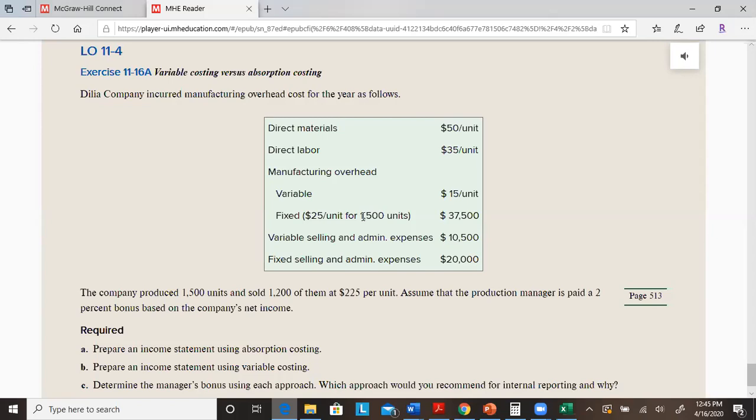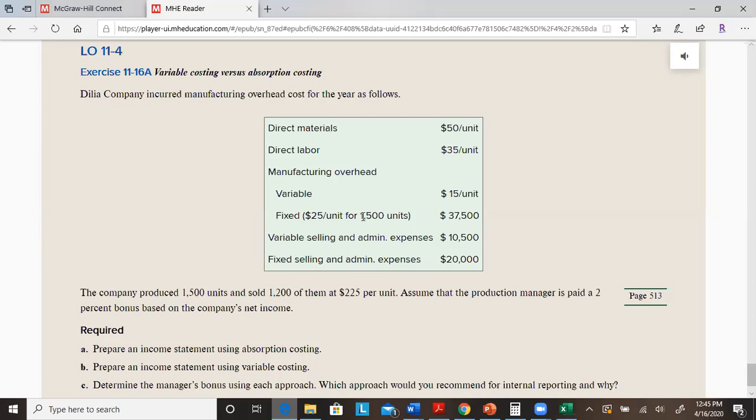And then manufacturing overhead, I'm using both variable and fixed, so I'm going to get a total of 40. So that gives me a gross margin of 120.